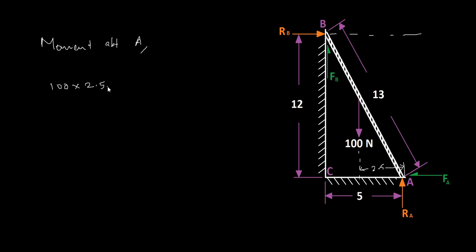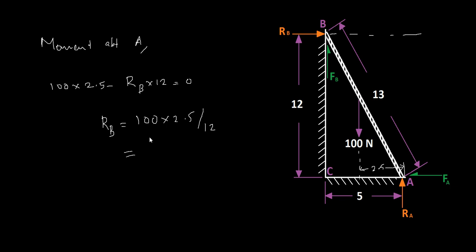So you have minus Rb times 12 equal to 0. So that is the equilibrium condition when you consider moment about A. So you have Rb is equal to 100 into 2.5 over 12. So that is 250 over 12.